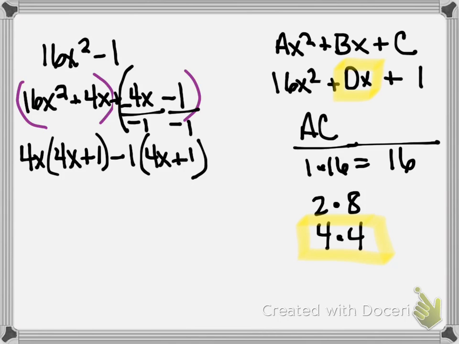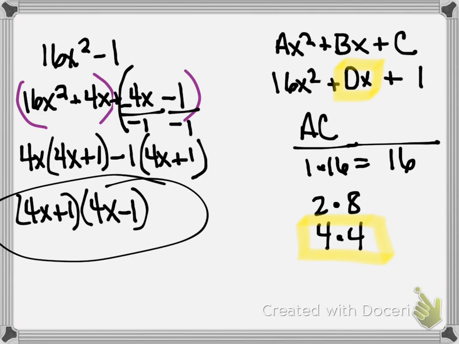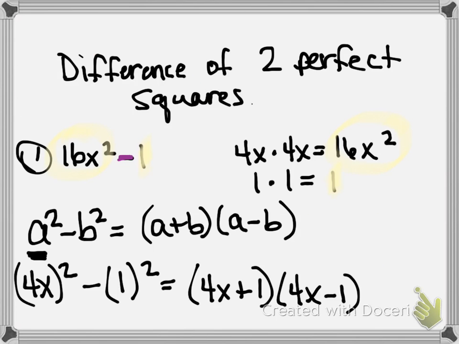Now our common factor is 4x plus 1, and that's what it changes to. So that was an awful lot of work and very confusing with these positives and negatives. It's a lot easier to remember this rule. There you can see we got the same answer: the difference of two perfect squares.